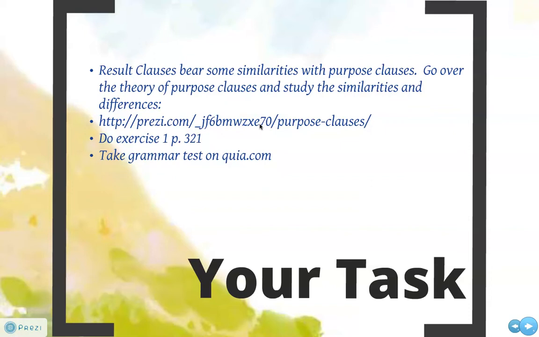And I think once you notice and study the similarities and differences, then you'll have a good idea of what these clauses are like, what they do, and then your mind will be nicely organized after you do this comparative study. Then go to your textbook and do exercise 1, page 321. Turn that in to me, and then I will send you to take your test on these clauses.